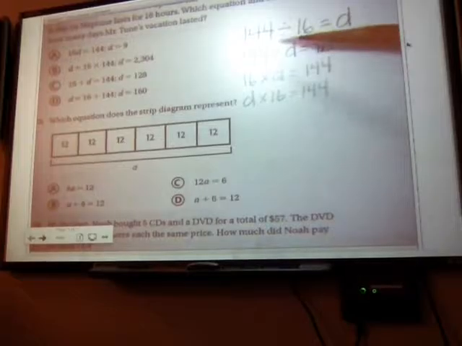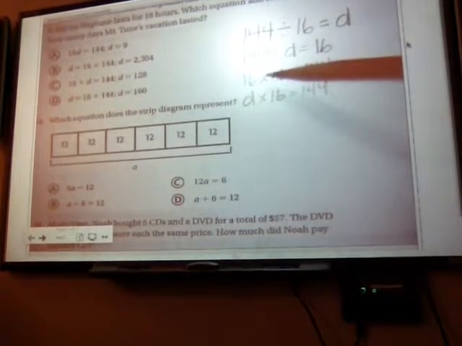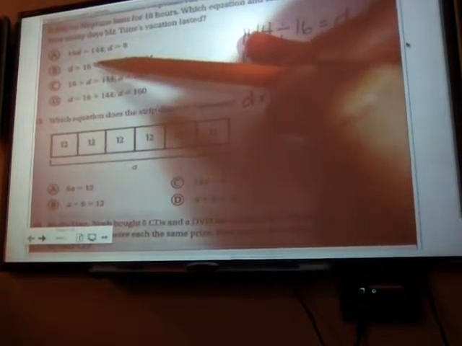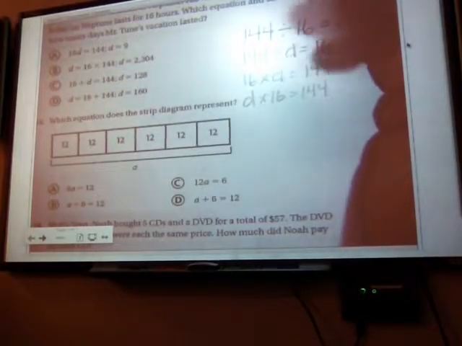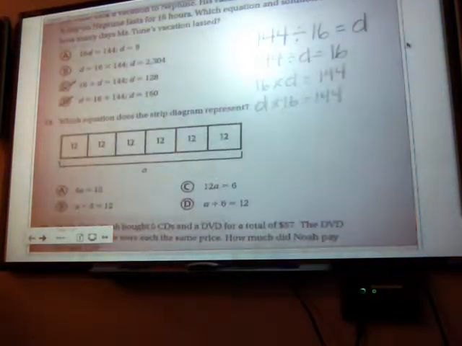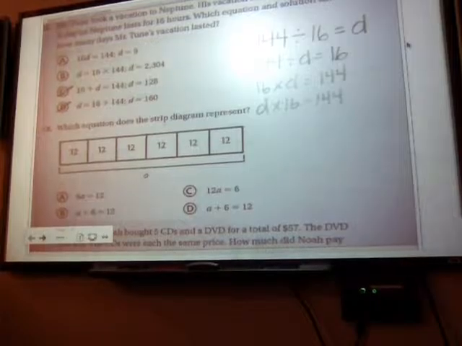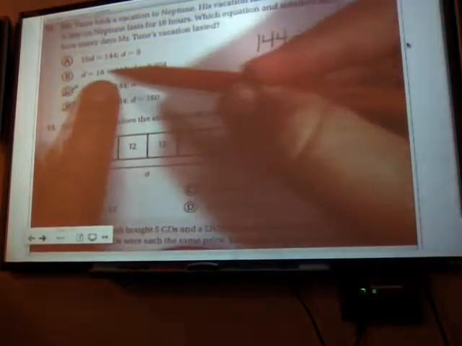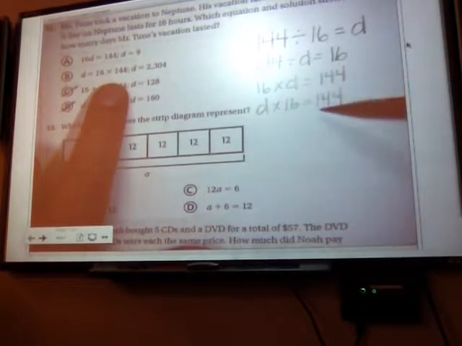First of all, quickly, divide, multiply, divide, multiply, add. I can take two of them off right there. Correct? Yes. So, do I have 16 times 144 over here?